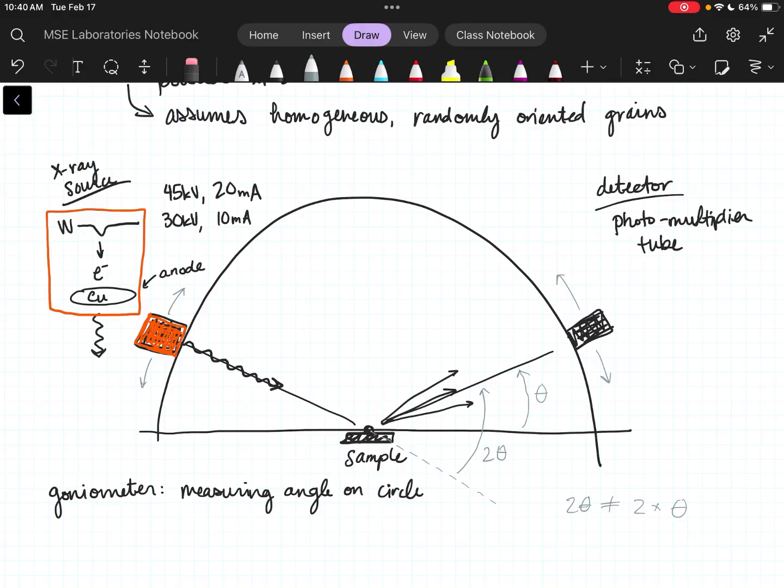In this kind of way we're orienting ourselves, it often is. Usually the detector and the source are at the same angle on each side, so theta is equal to half of 2 theta, but not always.